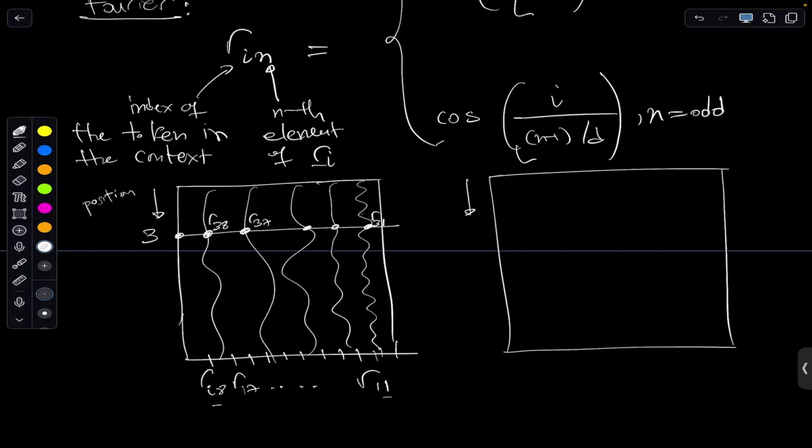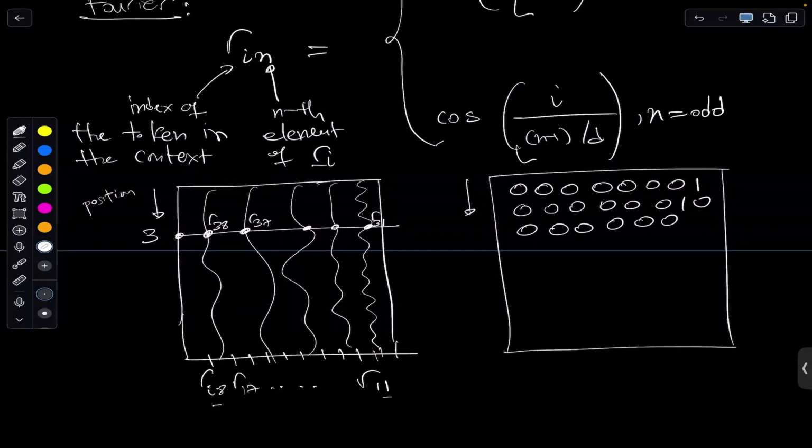If the token is in position 1, my 8-digit representation is going to be 7 zeros and a 1 at the end. Then position 2 will be encoded as 0, 0, 0, 0, 0, 0, 1, 0. Position 3 will be encoded as 0, 0, 0, 0, 0, 0, 1, 1, and so on.